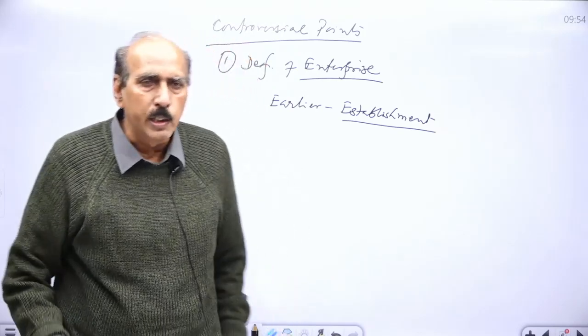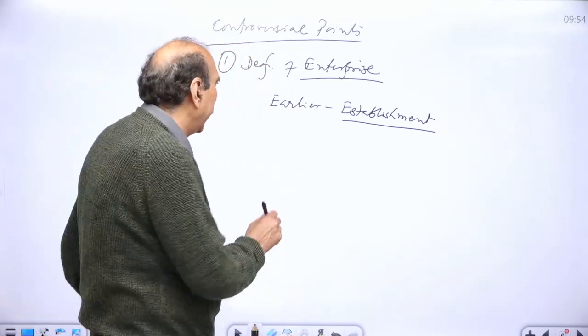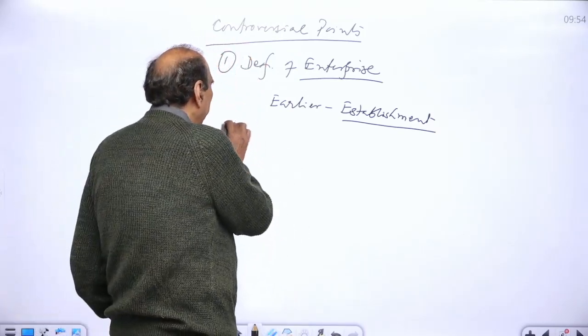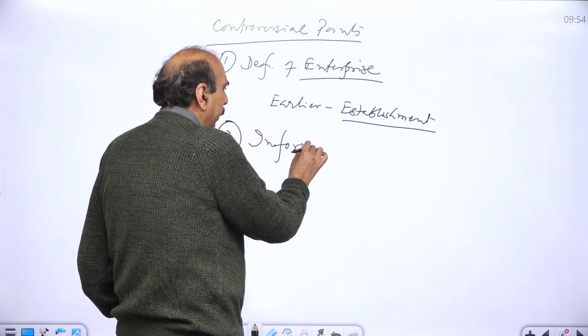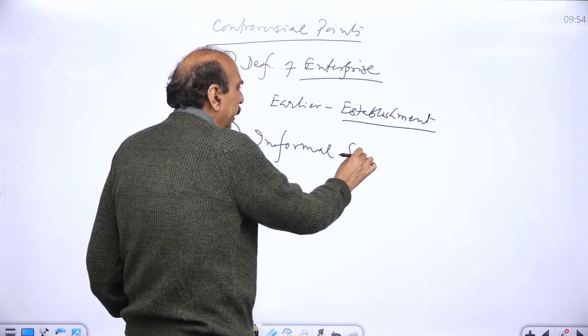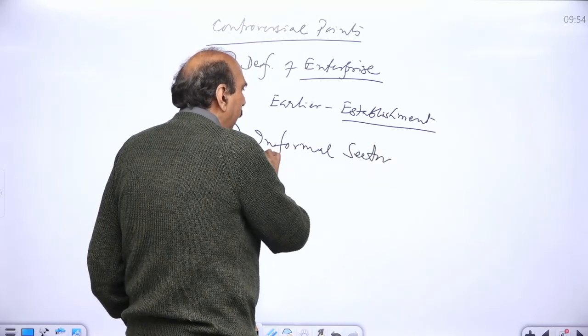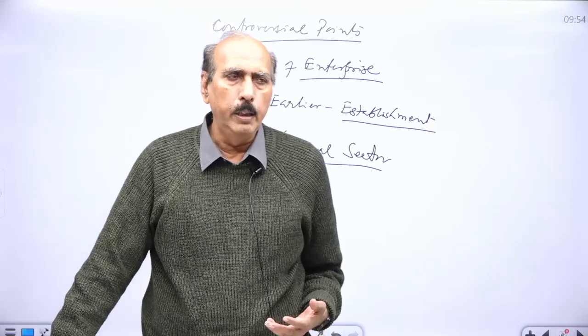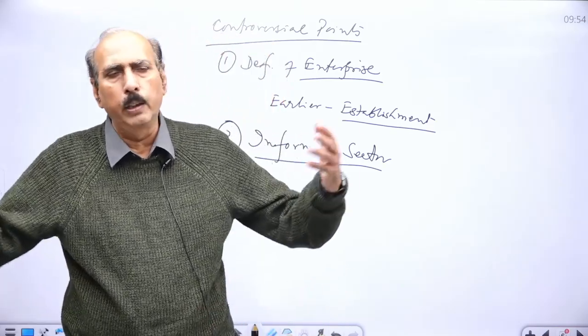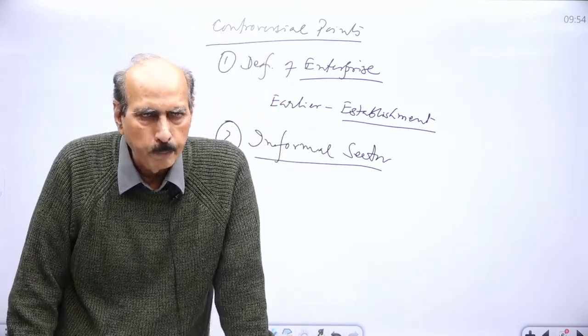Second controversial thing which we have made is the informal sector. Informal sector, particularly in the production area. As I mentioned last time that we have a very large size of informal sector.